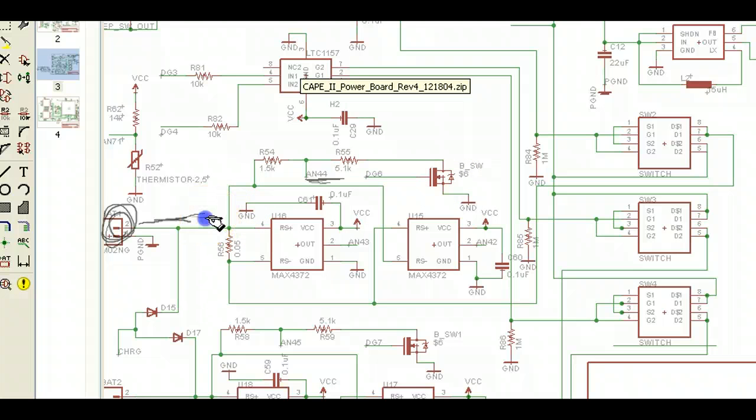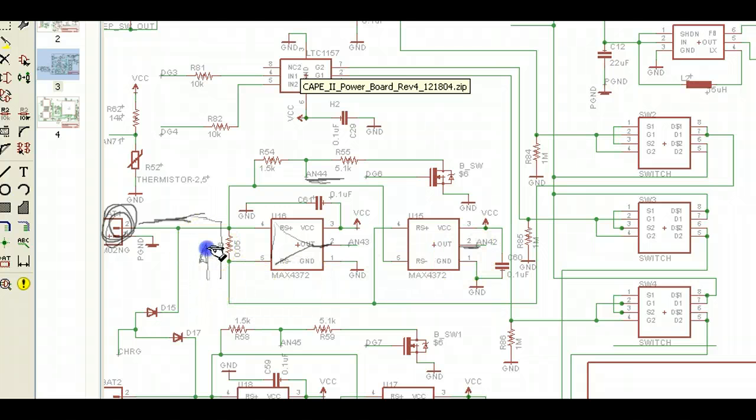Alright, so current flows through this resistor, and again we have a small voltage drop. When the current is flowing in this direction, the voltage drop across this op-amp differential amp is positive, and so we can measure the current. If current is flowing in the other direction, we reverse the plus and minus leads, and now this lead will give how much current is flowing out of the battery.